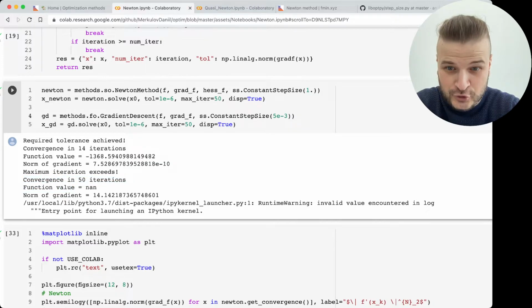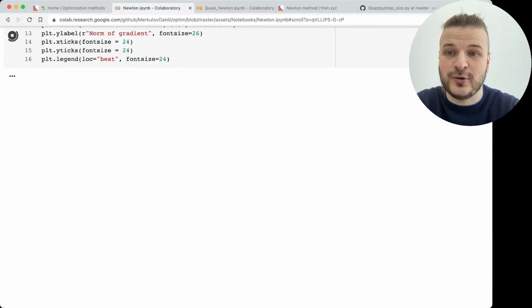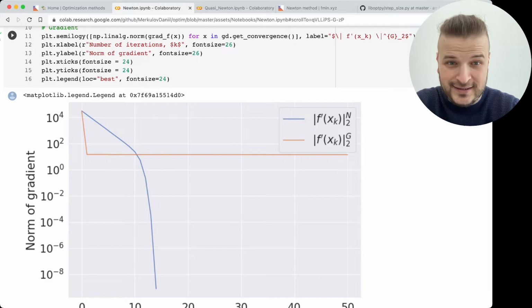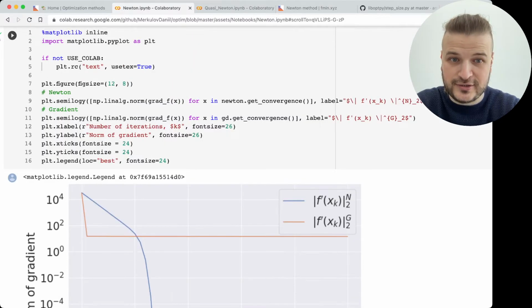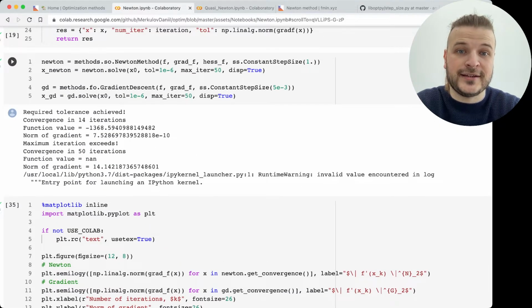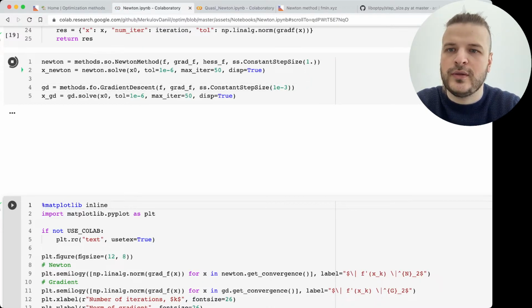Actually, we can see that we have a huge gradient norm for the gradient method. Let's take a look. Probably the step is too high here. Yeah, we have a very big norm of the gradient after the first iteration. So let's decrease the step size and see what's going on.